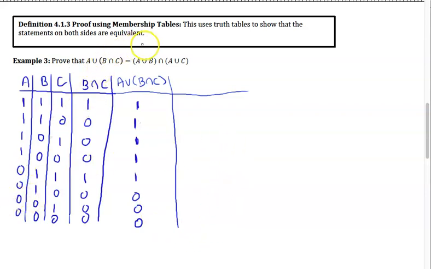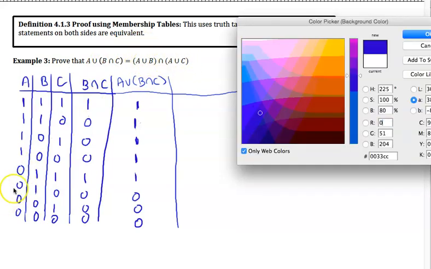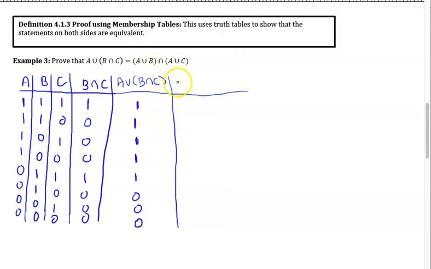All right, now we're going to look at this second part. So let me choose another color here. There you go. So we're going to start doing this in pieces. So A union B, looking at the first columns, 1, 1, 1, 1, 1, 1, 0, 0.